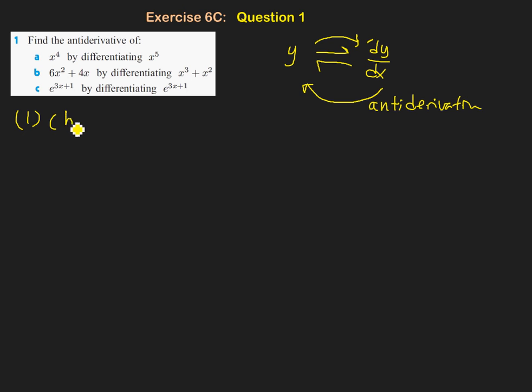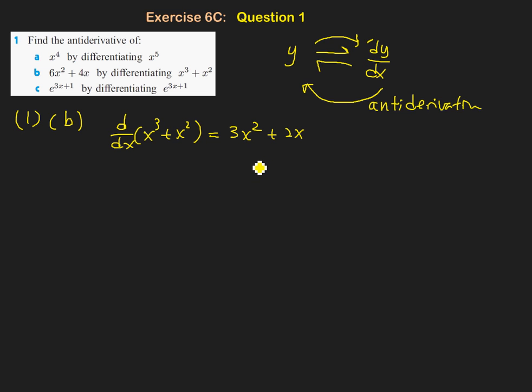Okay, so let's look at this one. Let's try B, and they ask you to find the antiderivative of this expression by differentiating this expression. Alright, cool. Let's do this. It means we're going to differentiate this expression, and you would get this.